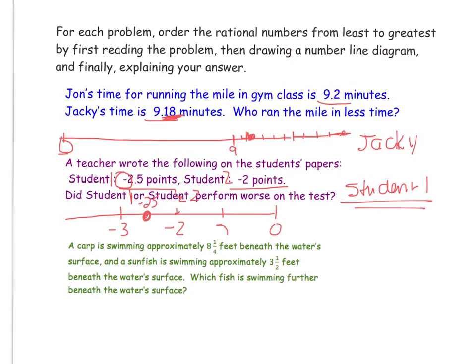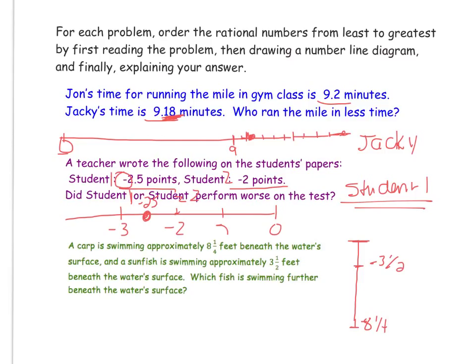So a carp is swimming approximately, here's the water surface, 8 1/4 below the surface, where the sunfish is, and I'm estimating to save time for you, I'm hoping that your number lines are drawn better than mine, -3.5.